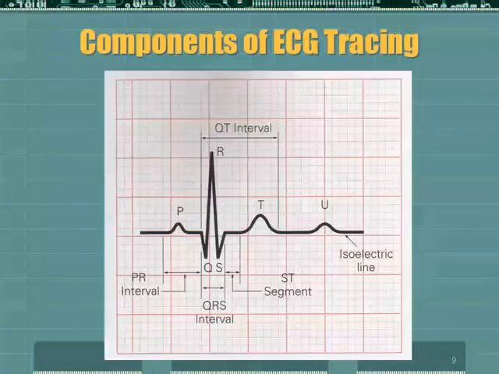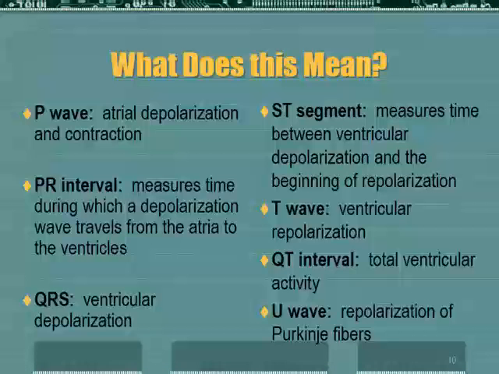Okay. So if we break apart what the different parts of that EKG tracing mean, a P wave shows atrial depolarization, or in other words, atrial contraction. The P wave is typically upright and gently rounded. The PR interval represents the amount of time it takes for the impulse to travel from the SA node into the Purkinje fibers.